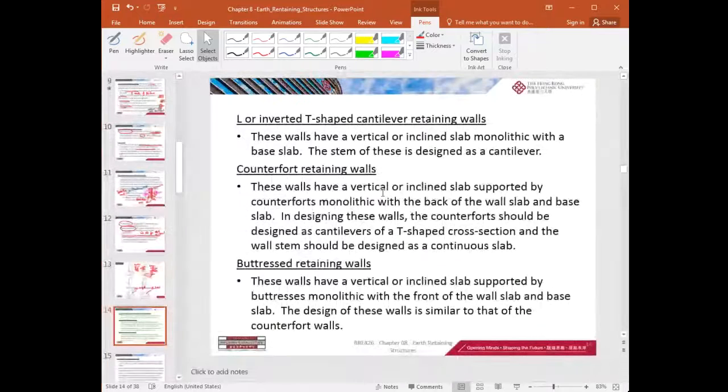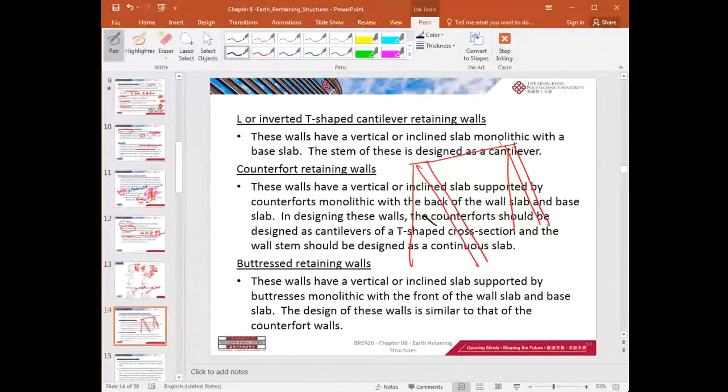And one interesting thing to note, say if there's the counterfort or buttress, any soil pressure acting on this wall stem, right?